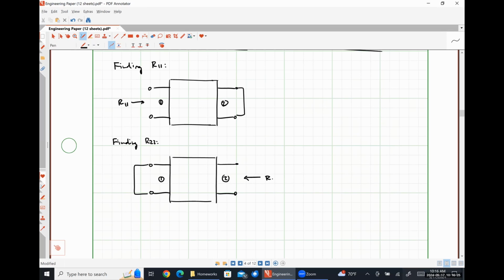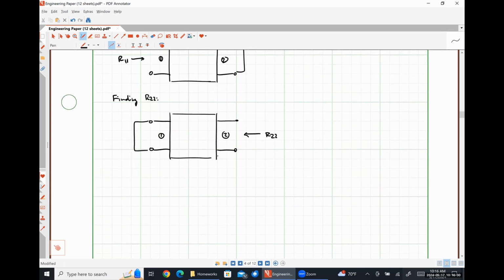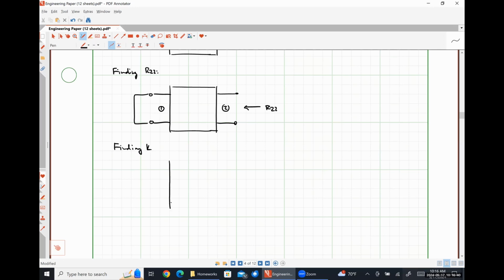We look in, to find K. On the input side, we have a current, and on the output side, we have a voltage. So on port 2, I'm going to apply some test voltage that I'm going to call V out.